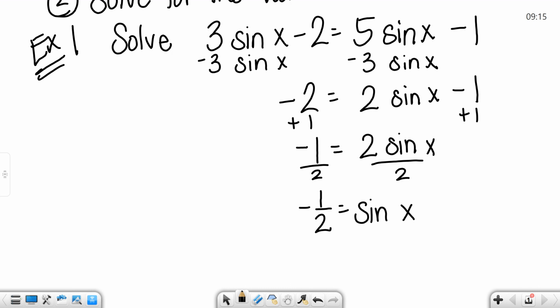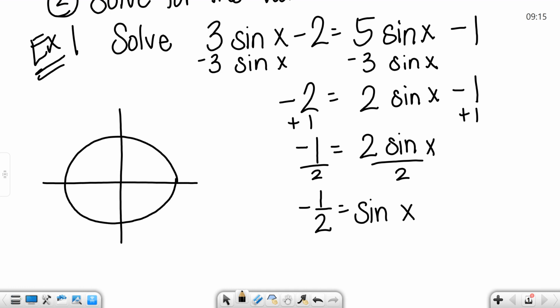So now we go to our unit circle, and we're looking for a y value of negative 1/2. All right, so we've got all these little places on our unit circle.